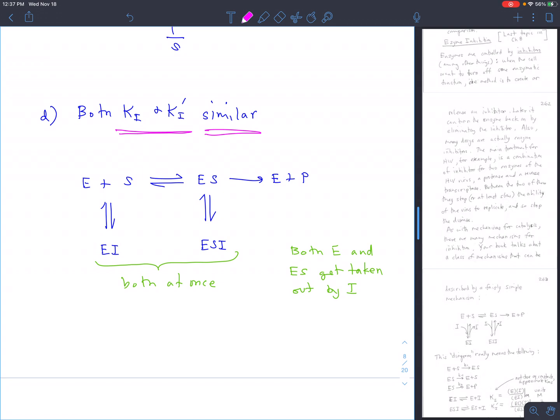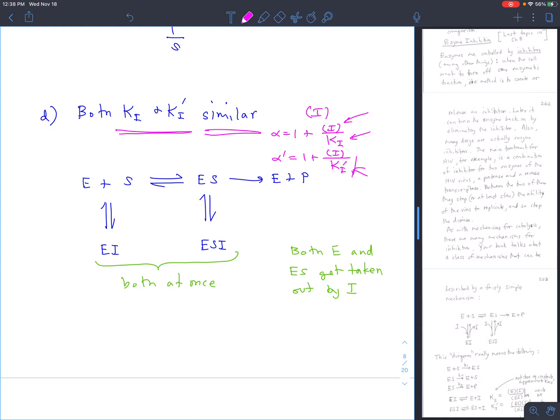In that case, when you add some inhibitor, both alpha and alpha prime, so here's alpha, here's alpha prime, both of them are going to turn on at the same time, right? These both turn on when the inhibitor concentration matches or starts to approach the value of either Ki or Ki prime.